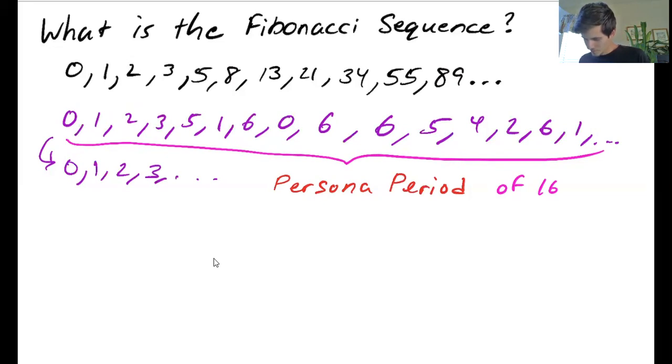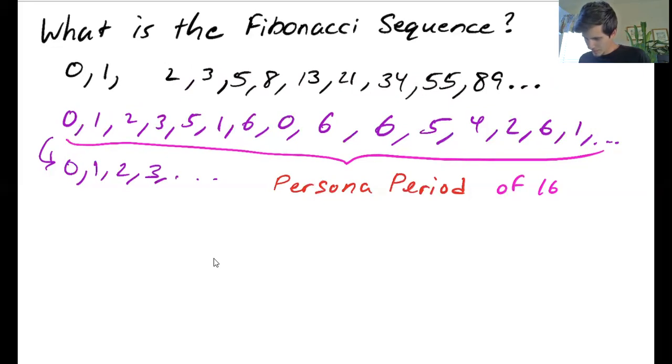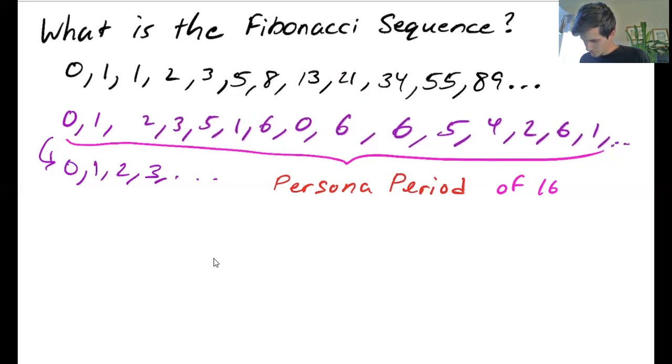So here we have an actual 1. There we go. 0 plus 1 is equal to 1, and then 1 plus 1 is equal to 2. Okay, so anyway, the Pisano period is 16.